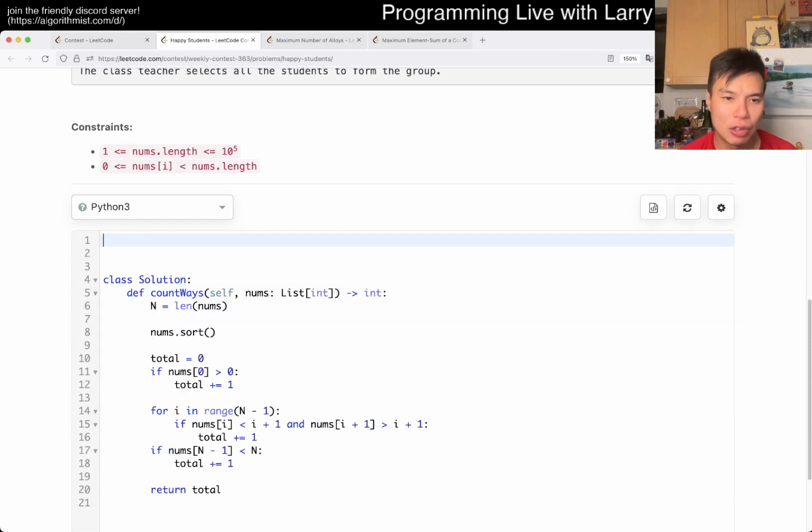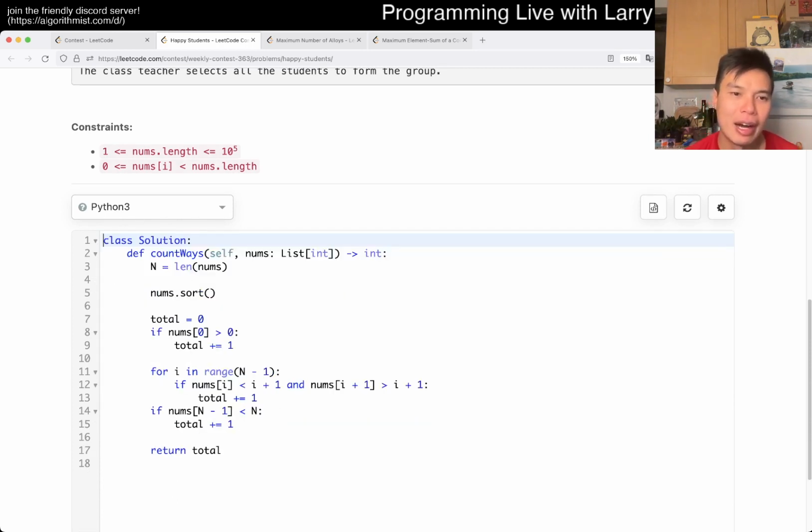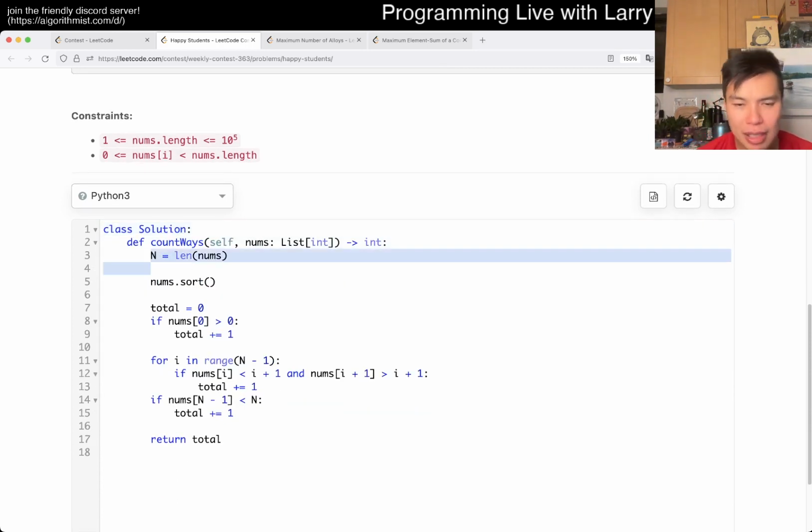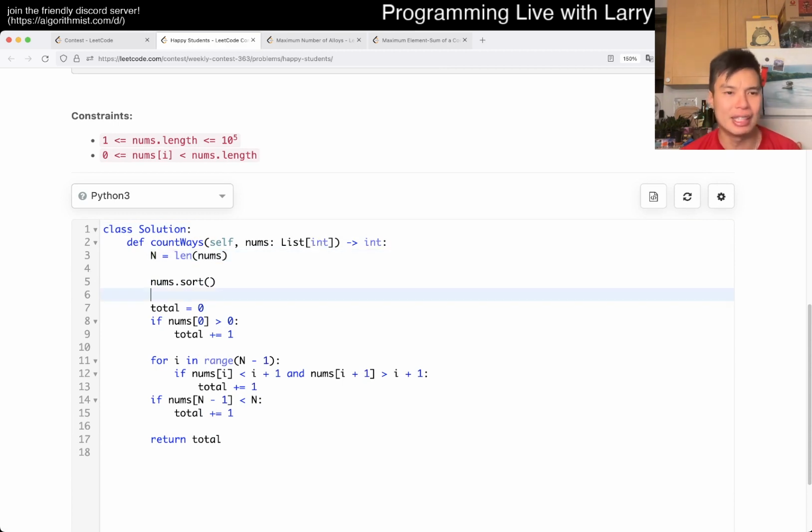And now we'll go over my code really quickly. Once you have that visualization, I think the code is pretty easy to understand. After we sort it, we track the total count of groups that we can do. This is basically if we select 0 students.